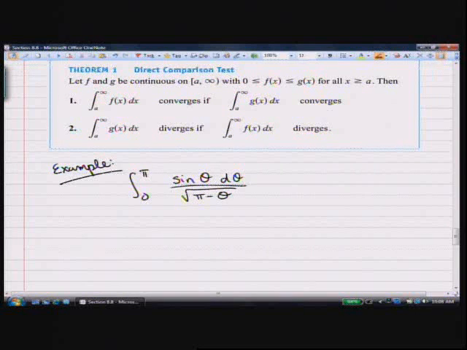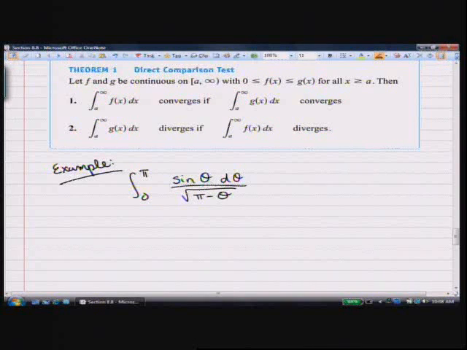Why can we say that? Well, what can y'all say about the sine between 0 and pi? The most it will ever be is 1, right? It'll be between 0 and 1. So the sine of theta will be between 0 and 1 on the interval from 0 to pi.